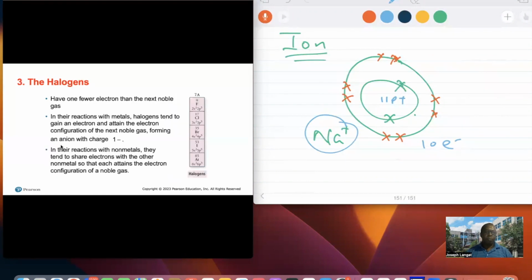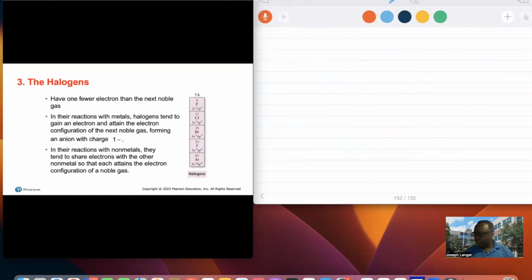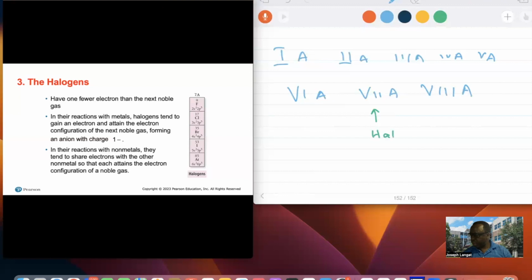For group 7 halogens, since they are close to 8, if you look at groups 1A, 2A, 3A, 4A, 5A, 6A, 7A, and 8A here, to achieve the group 8 electron configuration, the halogens, which are group 7, gain 1 electron to be like group 8. 5 plus 2 is 7.